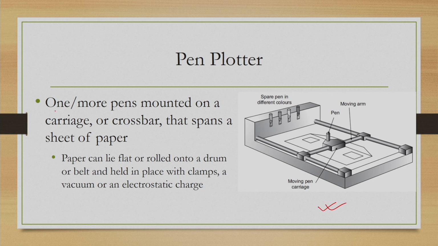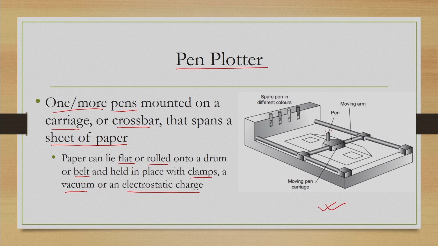Here typically in pen plotters, one or more pens are mounted on a carriage or crossbar which spans a sheet of paper, and this paper can lie flat or rolled onto a drum or belt, which is held in place with clamps. It can also be held in place with a vacuum or an electrostatic charge.